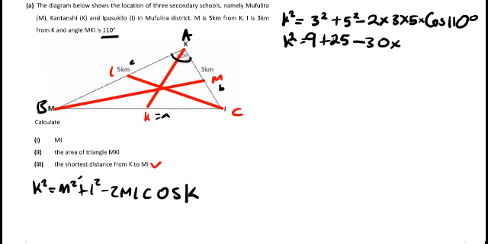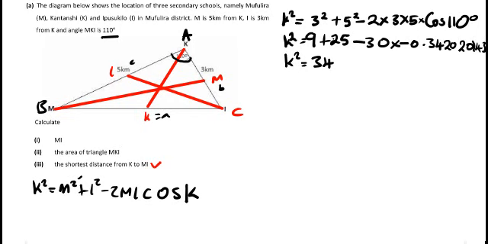We are going to get negative 0.34202143, and then you just say k squared equal to, now you add 9 plus 25, it's going to give us 34, and then here you have negative 30 multiplied by negative 0.34202143.